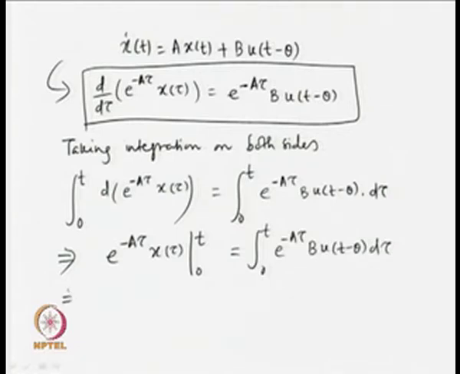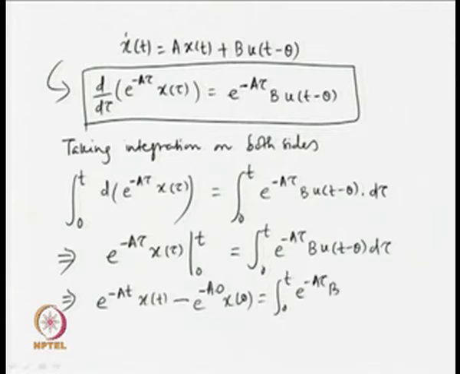Now, the left hand side upon simplification gives us e to the power minus a t x t minus e to the power minus a times 0 and x 0 equal to integration from 0 to t e to the power minus a tau b u t minus theta d tau.